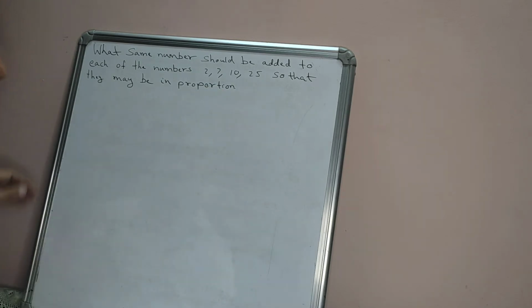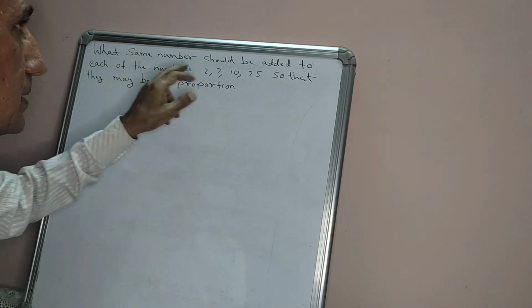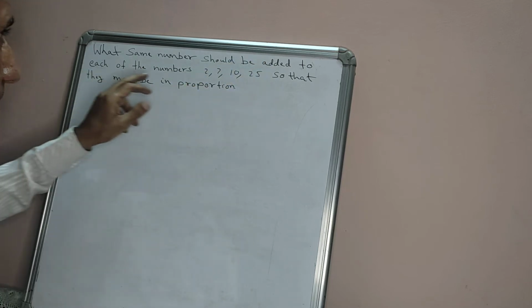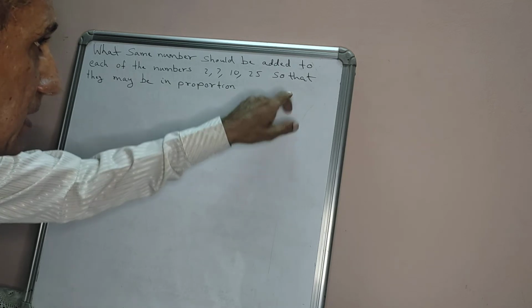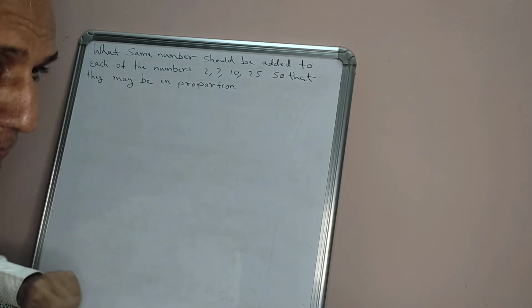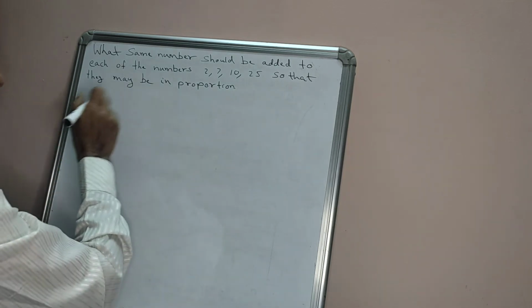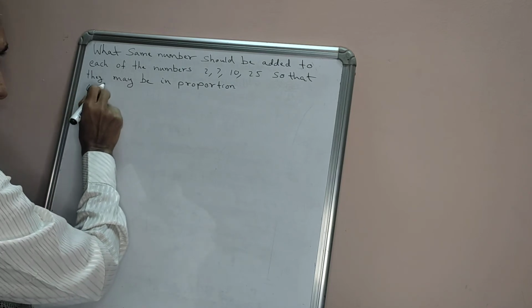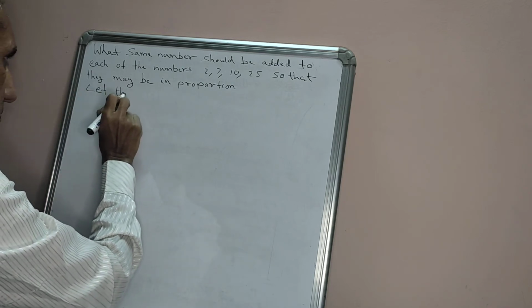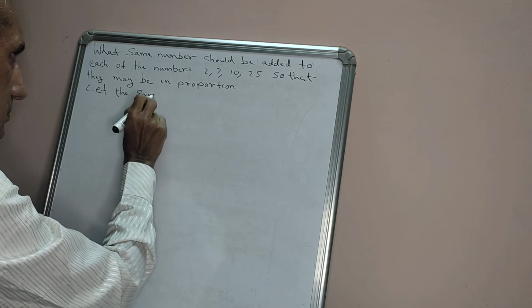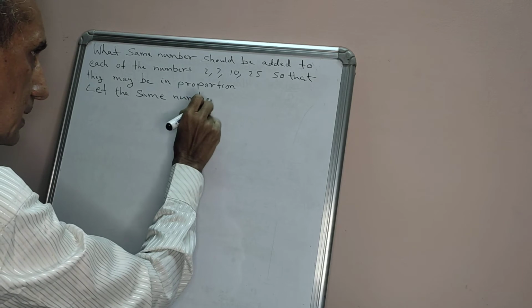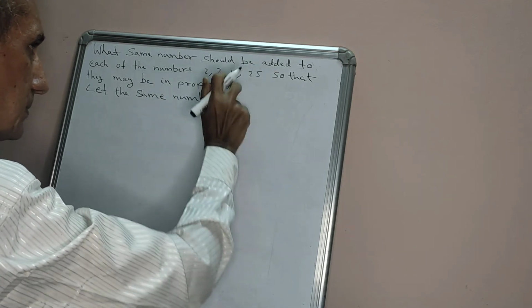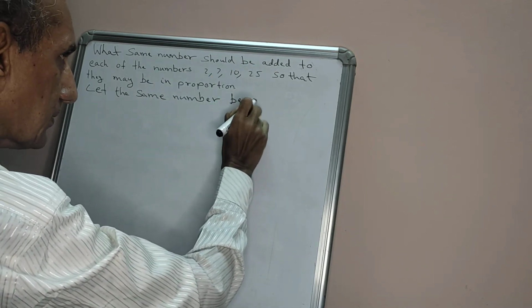Now it says what same number should be added to each of the numbers 2, 7, 10 and 25 such that they may be in proportion. Okay, so let me assume x. Let the same number that has to be added to all these numbers be x.